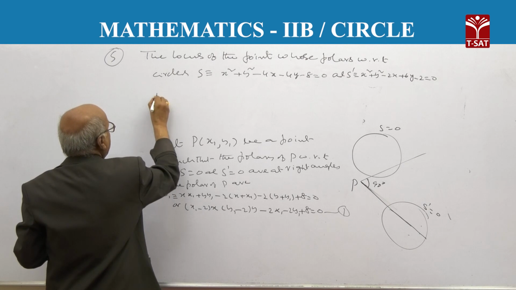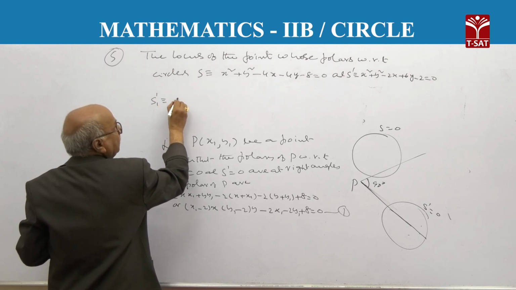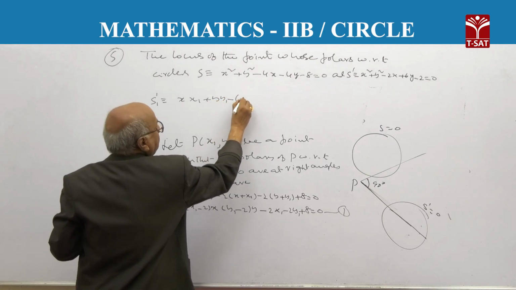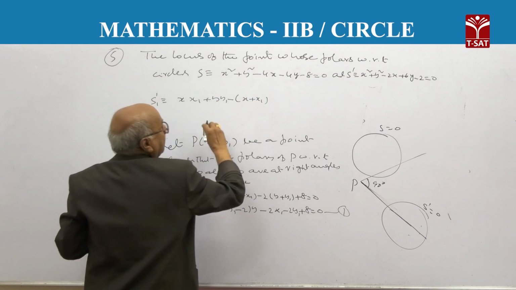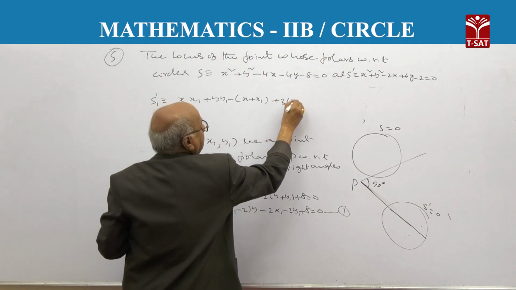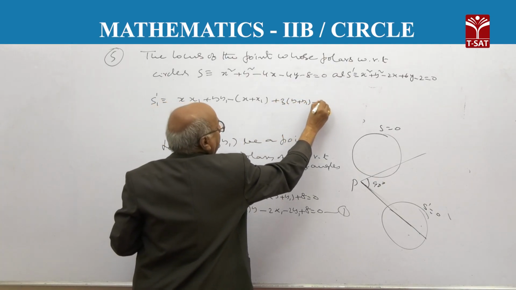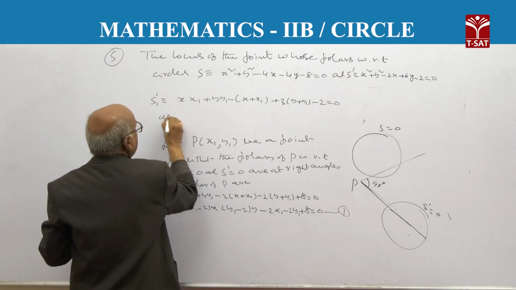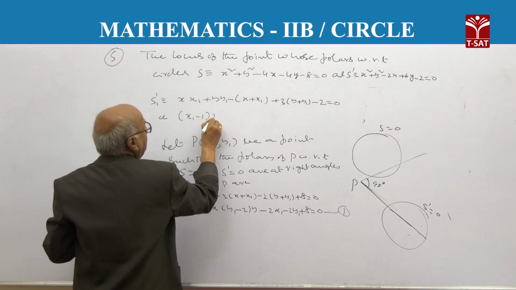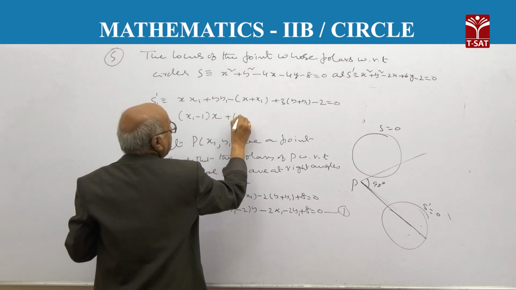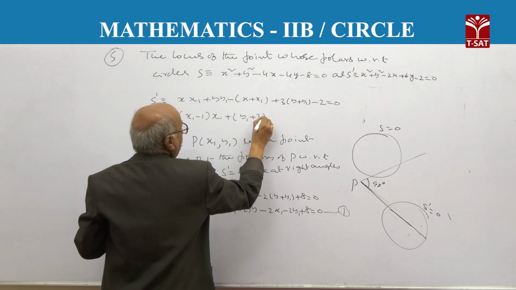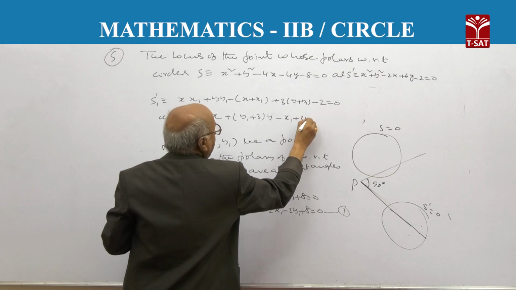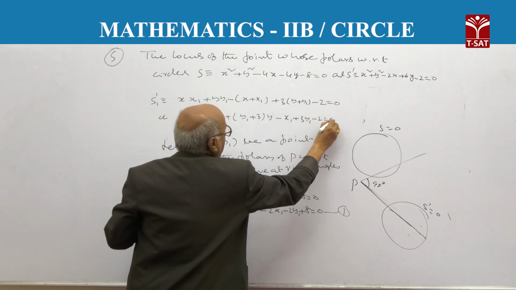And S dash 1 is equal to x x1 plus y y1 minus (x plus x1) plus 3 into (y plus y1) minus 2 equal to 0, or that is (x1 minus 1) into x plus (y1 plus 3) into y minus x1 plus 3y1 minus 2 equal to 0.